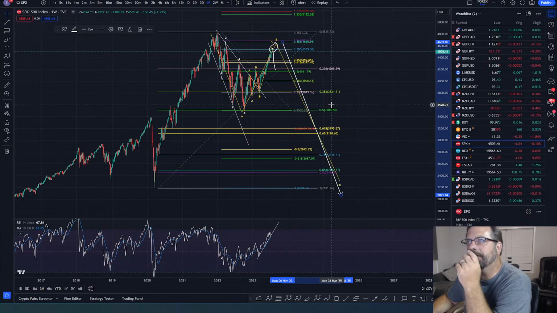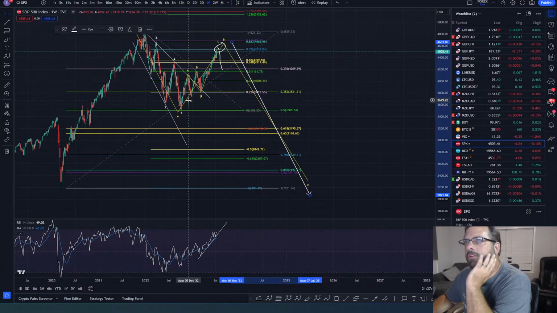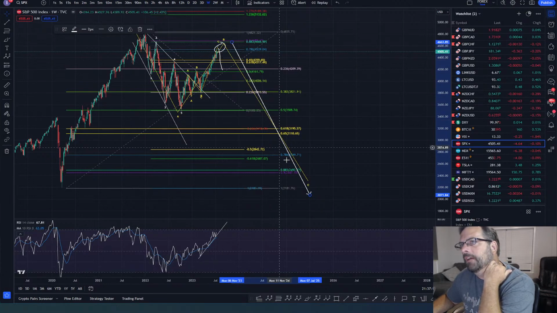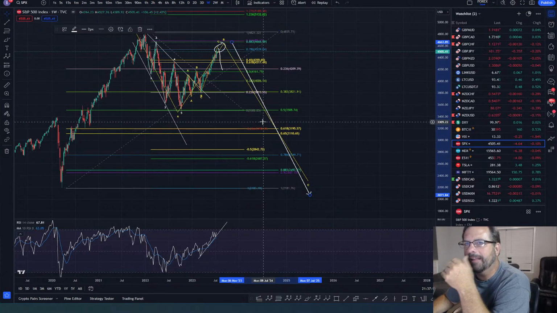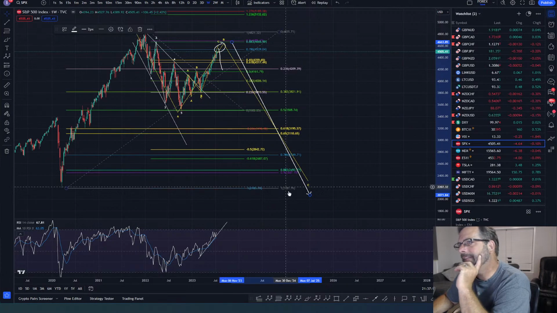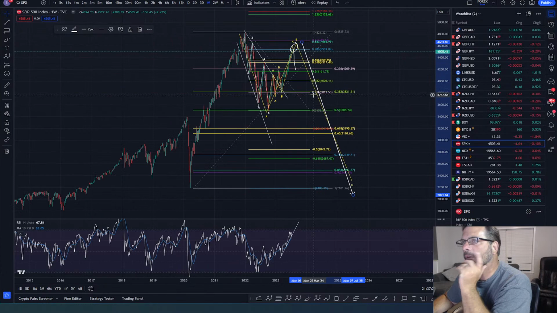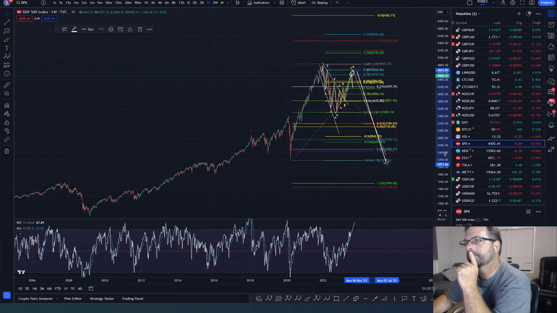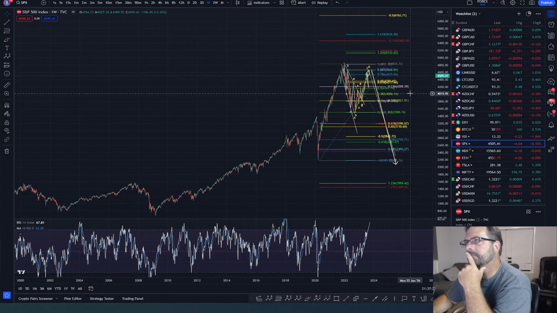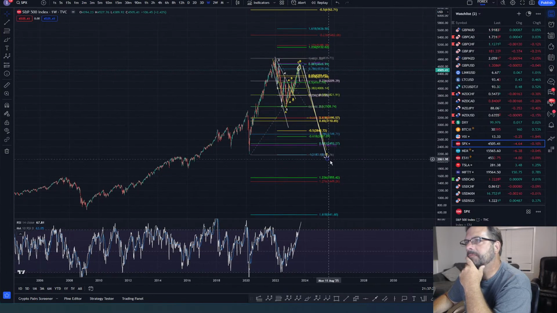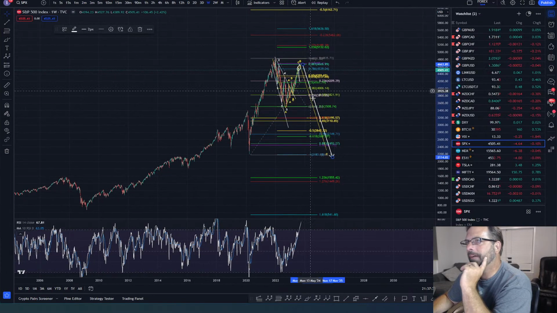I'm looking for C down here. So we're looking for this to finish and then break. So that's the idea. That's what I'm expecting to see. That down move could correlate with a Bitcoin move to the downside as well. And I would expect 5 waves out of that.